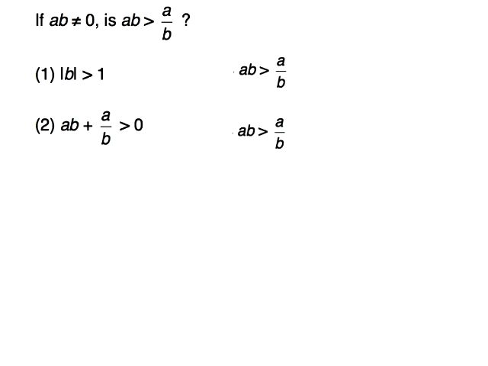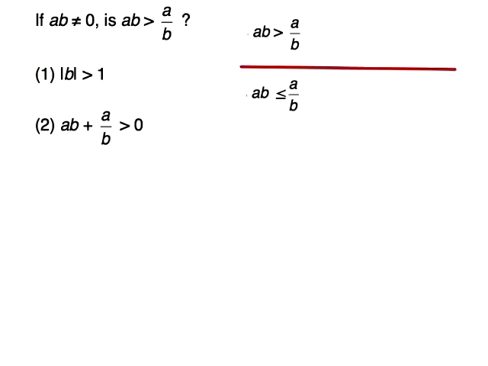The yes type of situation would be if AB is actually greater than A over B. And the no type of situation would be if AB is less than or equal to A over B. So there's our device. Statement 1, statement 2, and both.